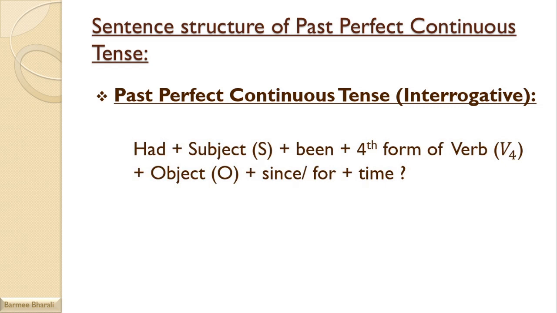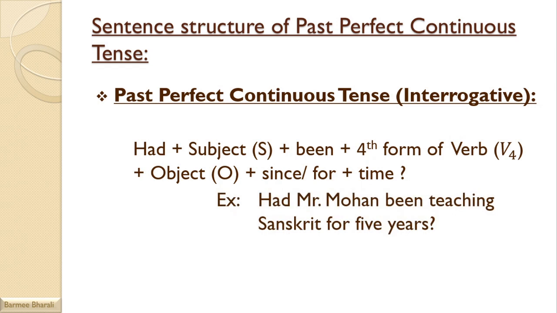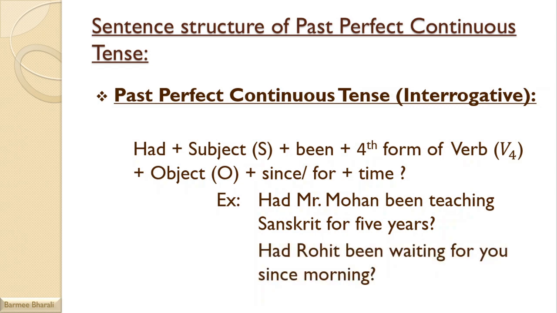Had plus subject plus been plus verb plus ing plus object plus since or for plus time question mark. For example, had Mr. Mohan been teaching Sanskrit for 5 years? Had Rohit been waiting for you since morning?